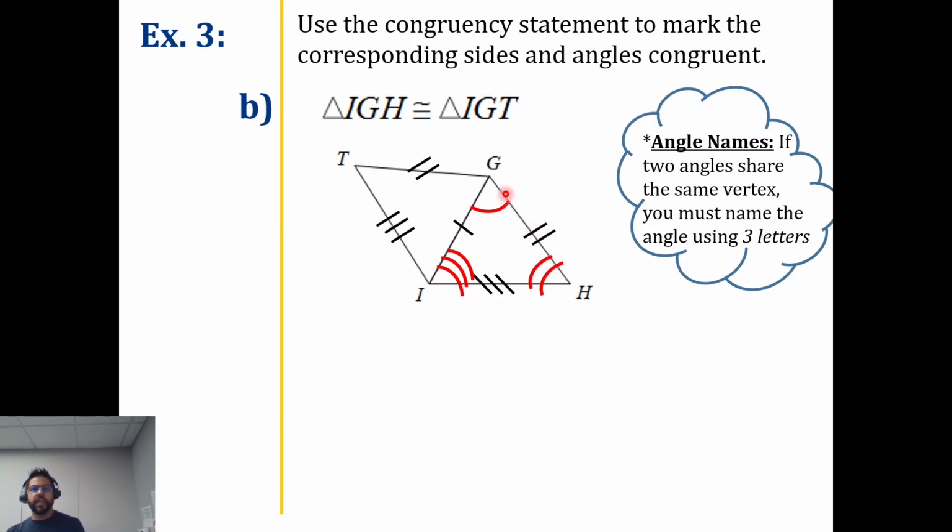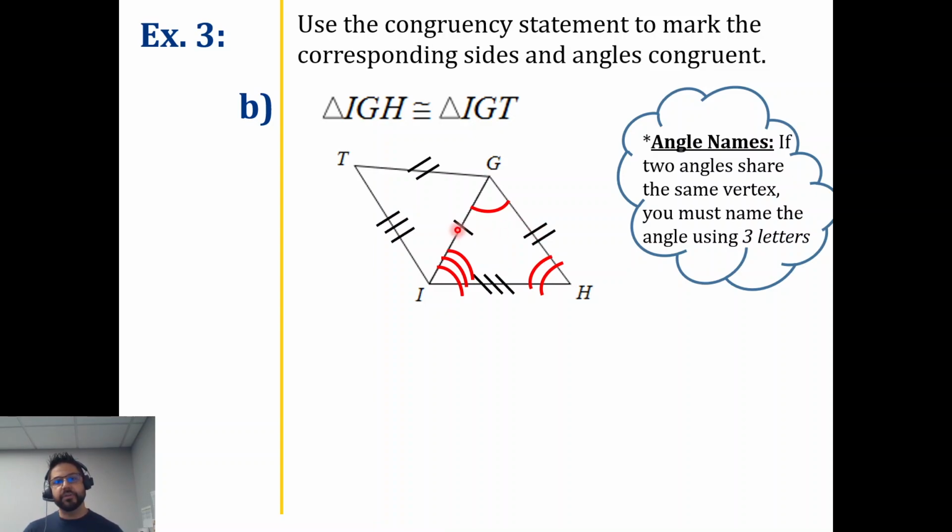All right, so if you were to talk about quote unquote angle G over here, we don't want to say angle G, that's the vertex. So maybe we say IGH, right? IGH. I goes from arc 3 to arc 1 to arc 2. Or you could say, you know what? This match here is in between mark 1 and mark 2.